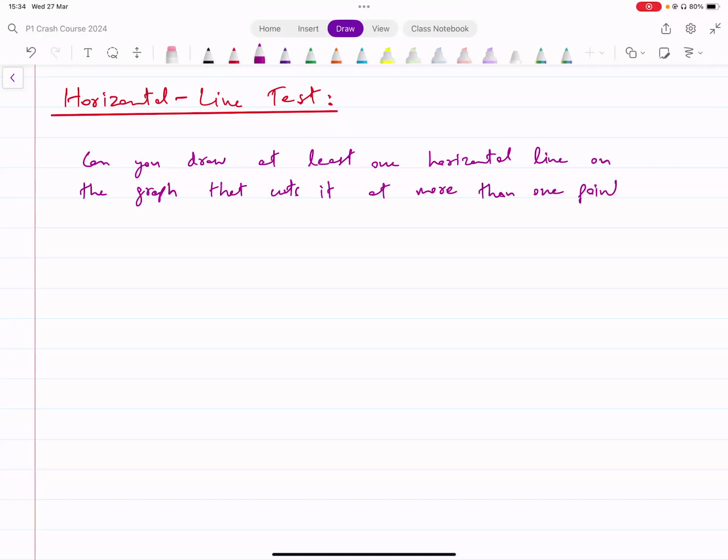Can you draw any horizontal line that cuts the graph at more than 1 point? If the answer to that is yes, that means it's not a one-to-one function.